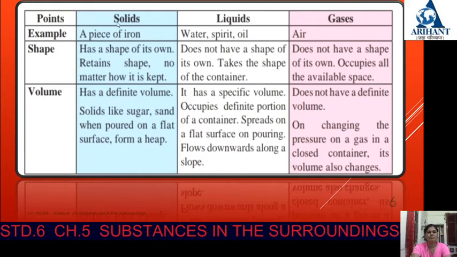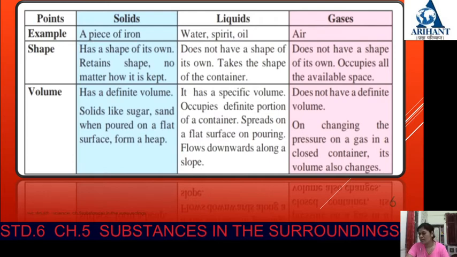shape of the solids. An example is a piece of iron. This is the solid form of a substance. The shape of a solid is that it has a shape of its own, a proper shape, and it retains its shape no matter how it is kept.